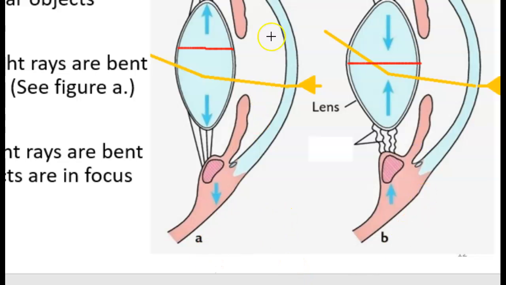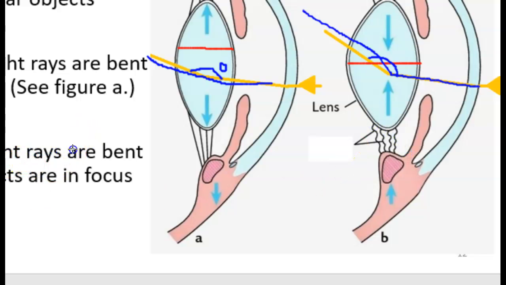And notice that a thin lens doesn't bend the light rays very much. The angle of the light ray as it moves through the lens gets bent just a certain amount. But in the thicker lens, the angle of refraction or bending is greater. The light ray comes in and it's bent more.